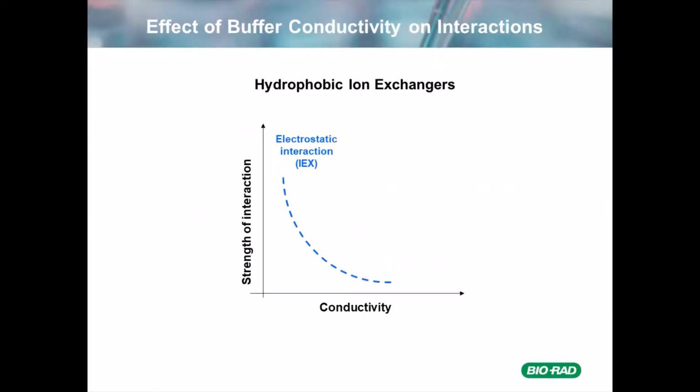The same idea can be applied to the hydrophobic anion exchangers. However, the situation gets a little bit more complicated, because if we increase the conductivity of the elution buffer to minimize the electrostatic interaction between the ligand and the target protein, we might actually be enhancing the hydrophobic interaction between them.